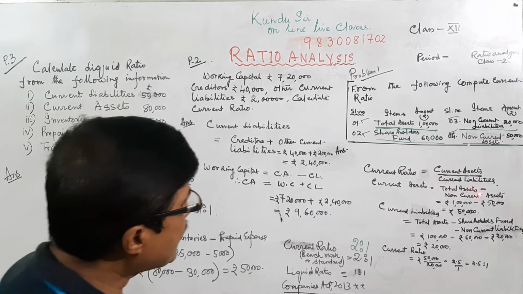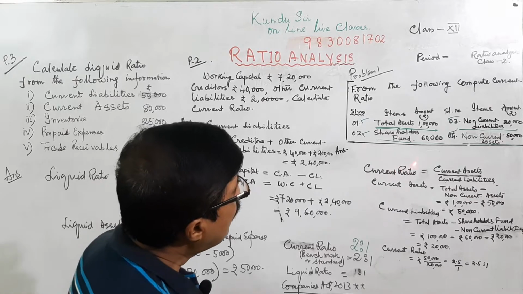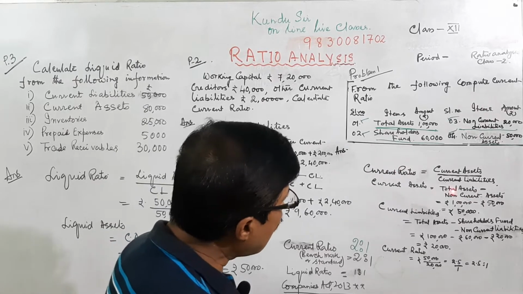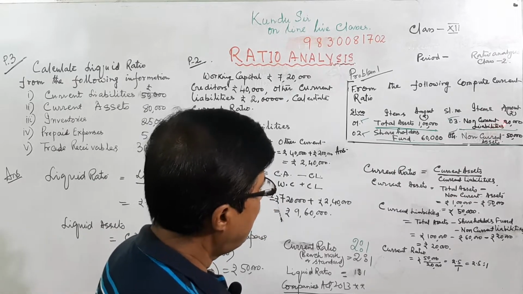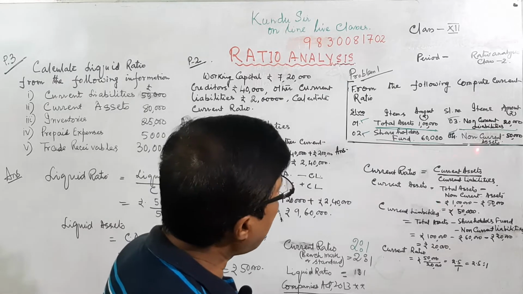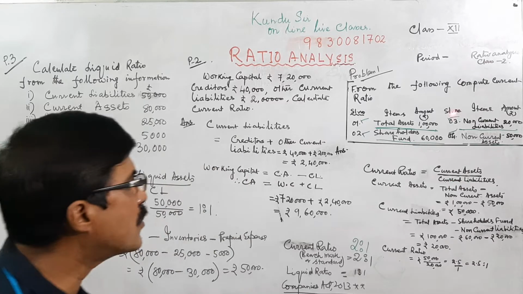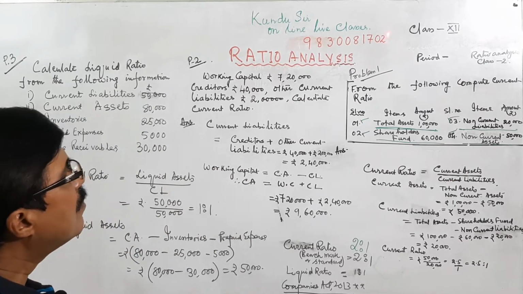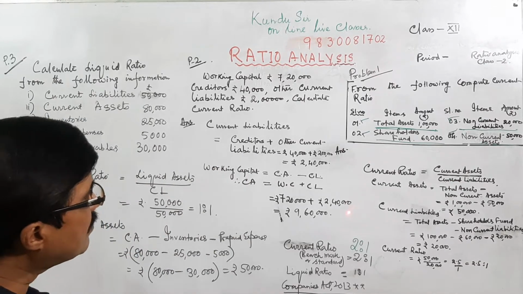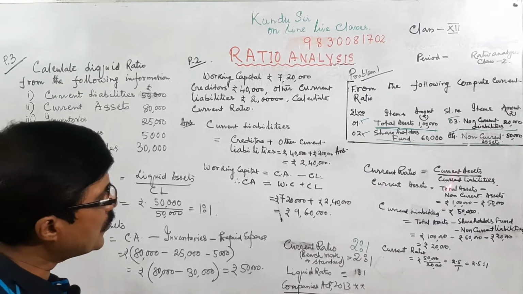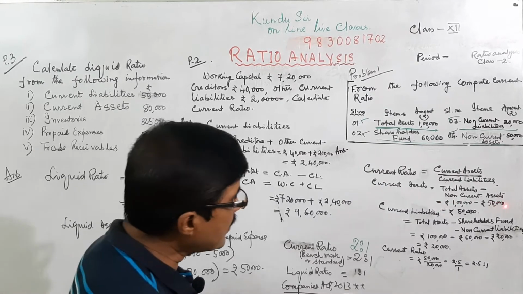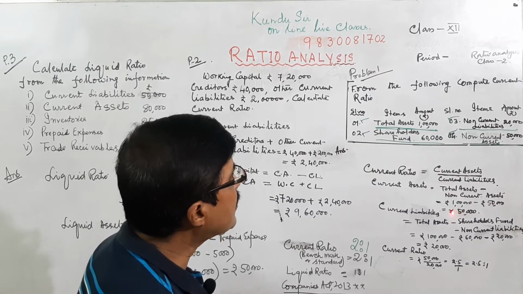From the total assets, if we deduct the non-current assets, we will get the current assets. Total assets means fixed assets plus current assets.